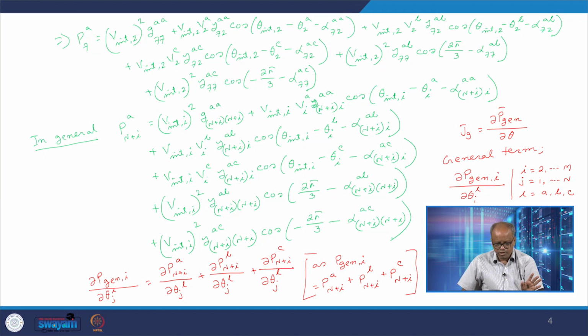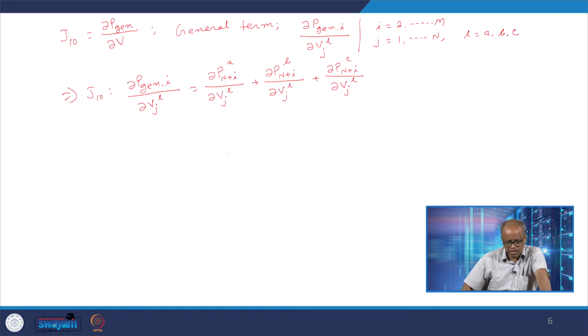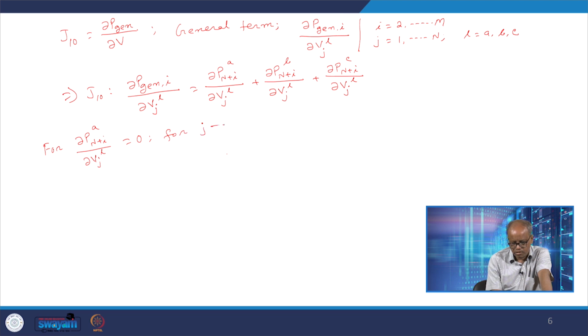So here also I can say that del Pn plus I A by del VJL would be equal to 0 for J not equal to I. So for any J not equal to I, it would be 0.